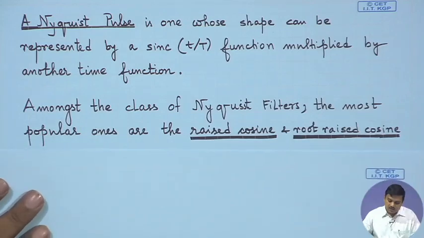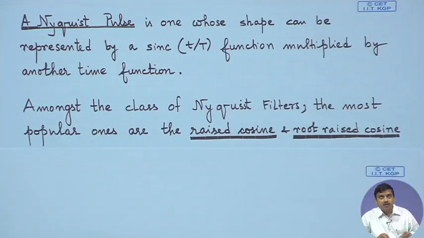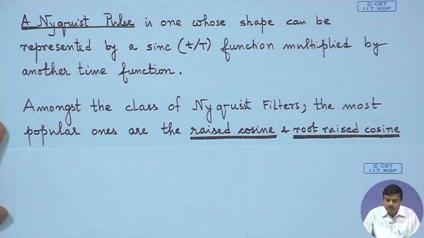When we say the class of Nyquist filters, what we mean is all those filters for which the frequency response is the Nyquist frequency response convolved with any other frequency response of choice, which would mean in the time domain, the Nyquist pulse multiplied by the pulse of that particular new pulse shape which I am concerned with. This way we are going to produce 0 ISI at the sampling instants of time, which is our desire.